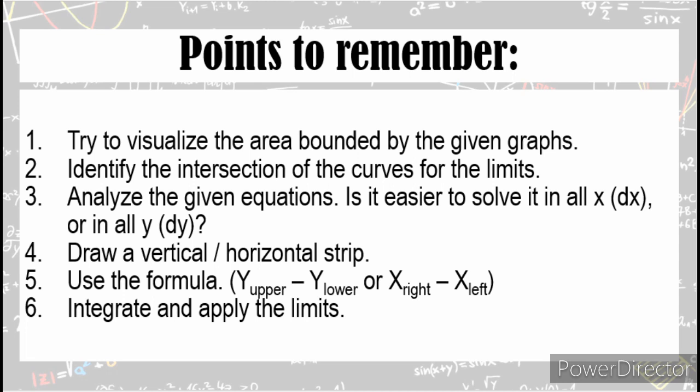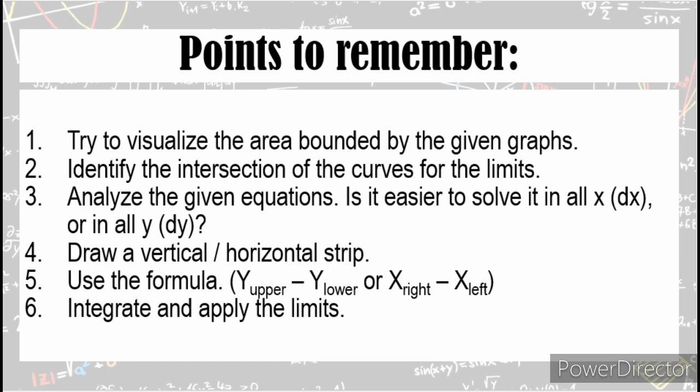So, is it easier to solve it in all x or in all y? So, in our first example, y is equal to x squared and y is equal to square root of x. So, all given are in terms of x na. So, mas madali pag ganyan is naka-dx. So, we apply the y upper minus y lower.